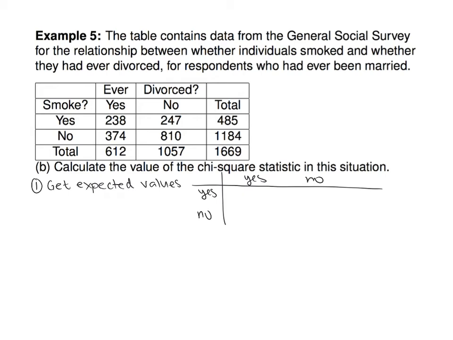So row total times column total divided by total total. Row total is 485, column total is 612, over 1669, comes out to be 177.84. For the no, row total is 485, column total is 1057 over 1669, 307.16.